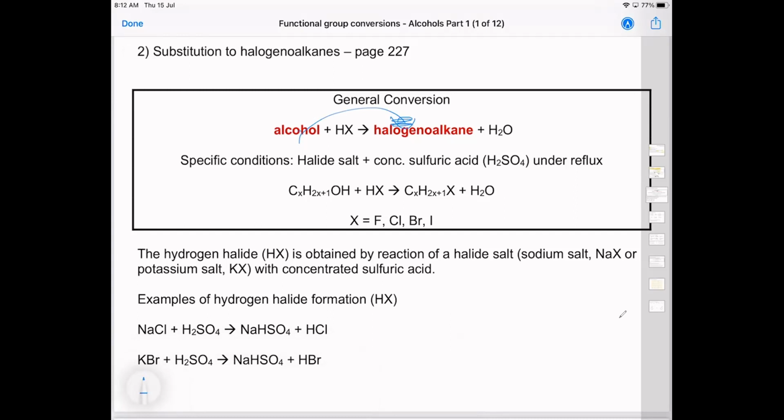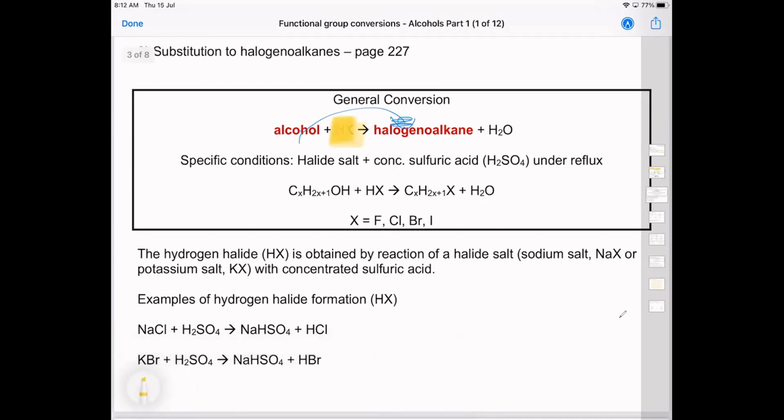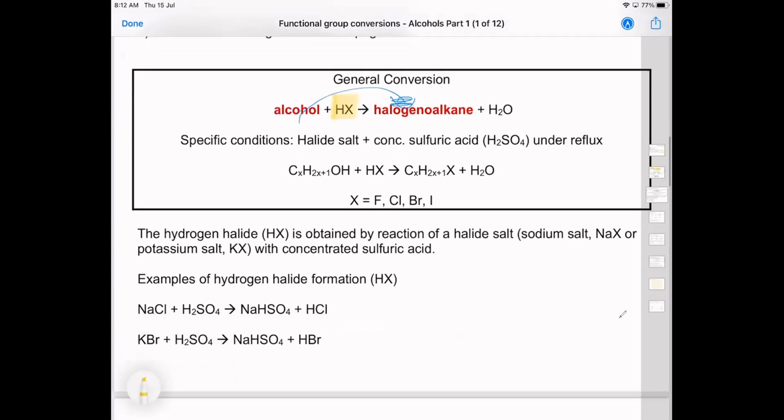Now the interesting thing with this reaction is that we don't add the halogen directly. So you'll see here in the general conversion, I put the halogen over there where the yellow is. So if you look at that, you're adding the halogen. But in reality, the halogen comes from a combination of the halogen salt plus sulfuric acid.